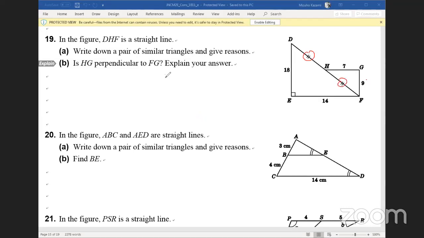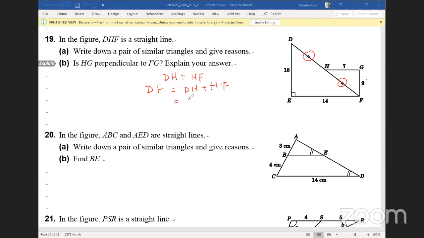Now therefore it means DH equals HF. And therefore if I want to find DF, DF equals DH plus HF, right? But HF is actually DH. No. Maybe I replace this one.